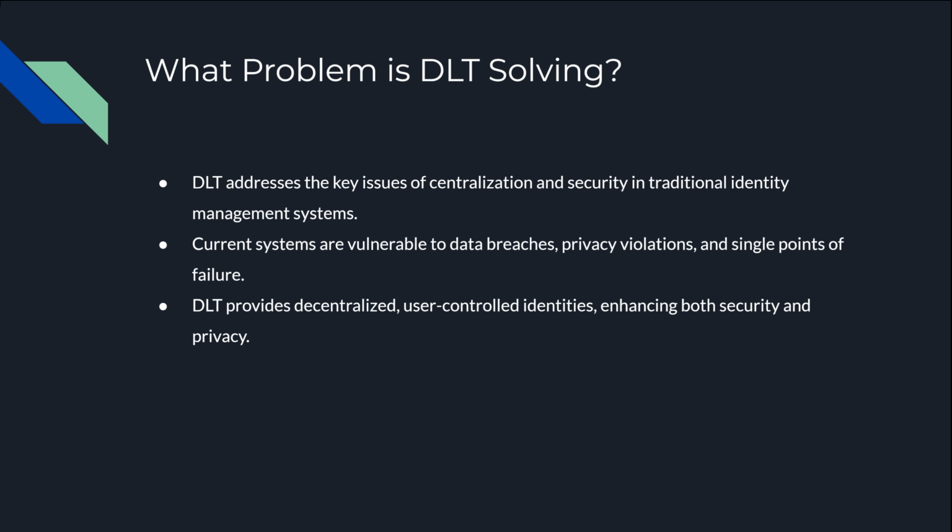It provides cryptographic protections, ensuring that users' identities are secure and that personal information isn't exposed unnecessarily. At the same time, users have full control over their data, deciding when and how it is shared. In summary, DLT is solving the problem of vulnerability to breaches, privacy concerns, and central points of failure by decentralizing identity management, thereby offering user-controlled identities with enhanced security and privacy.